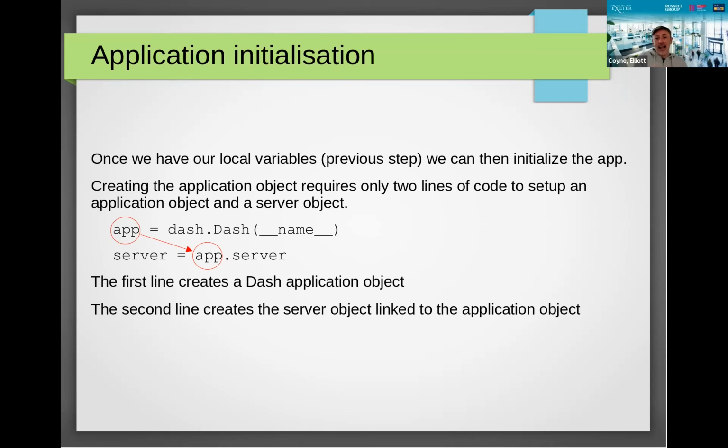So in our case, the app object dot server. If you called that Bob, you would have to set Bob dot server, but probably best for standard nomenclature to keep it as app.